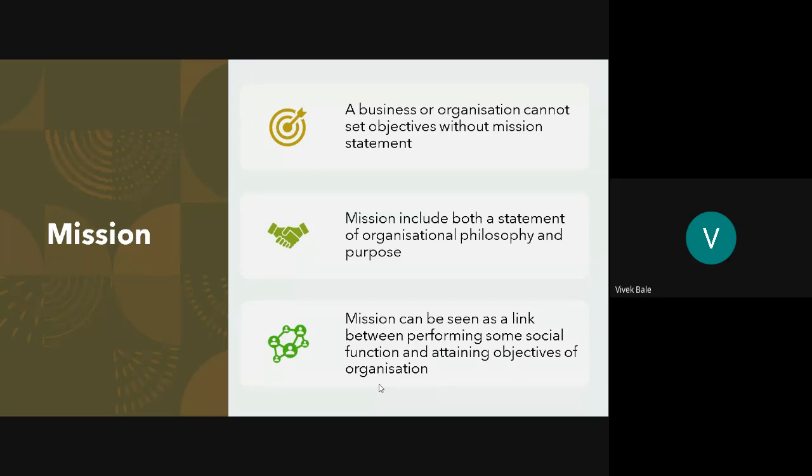Mission is a statement which includes the organization's philosophy as well as the purpose of the organization. When I say organization's philosophy, it means that the mission statement clearly states why the company has been established, what the purpose of that company is, and what the company is going to achieve in its upcoming future. Therefore, the mission of the company is a statement that will explain the organization as well as the reason for its existence.